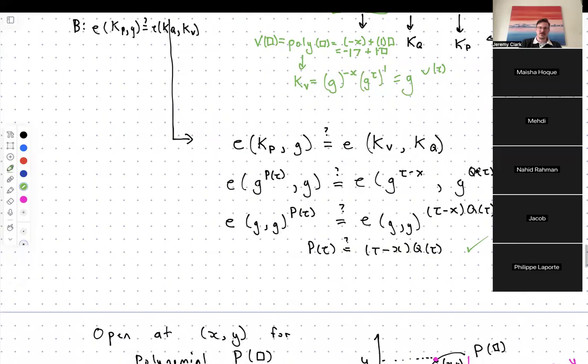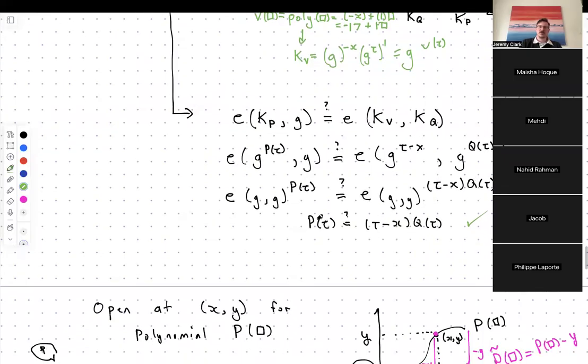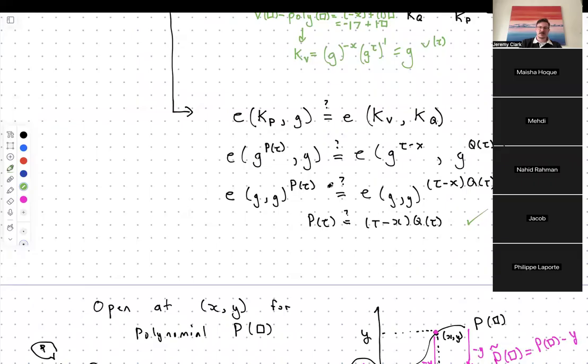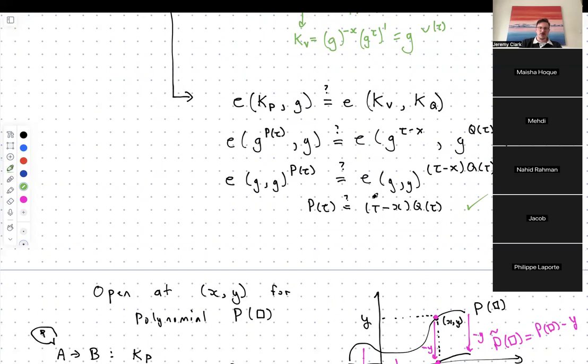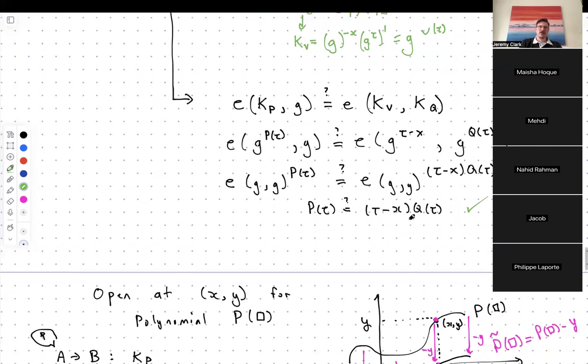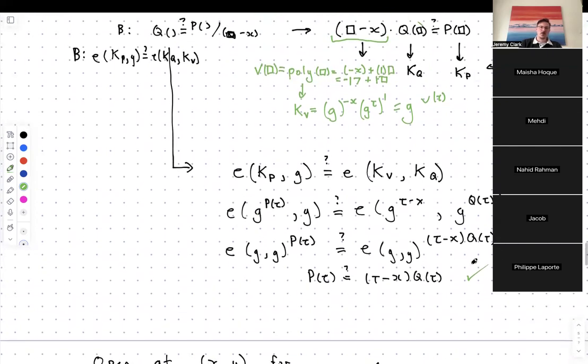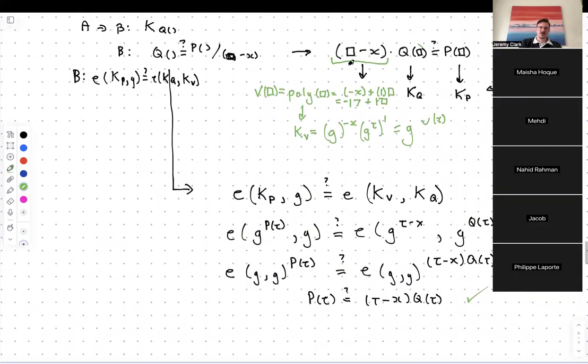So it's the multiplication of this exponent with this exponent. Now this can only be true if the exponents are true. So P of tau has to equal tau minus X times Q of tau. And if this check holds, that's the exact equation that we were trying to solve here. That's the check that we were trying to do. The only difference is that we filled in the square with tau.